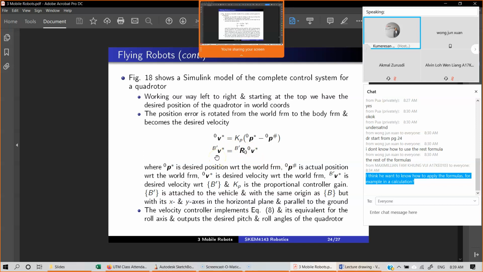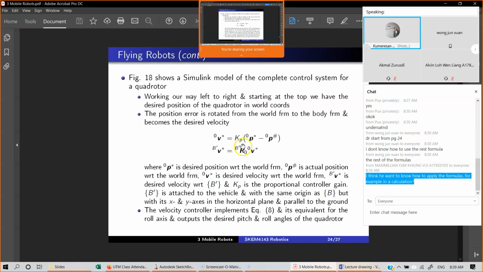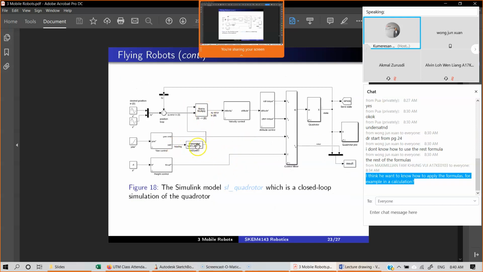So now if you want a sample calculation, because this is the controller equation, right? Then you need to know desired. If you run the simulation and investigate what is inside here, then you can have your own sample. For example, if you know the desired position, this is the actual position which is measured, the feedback, and if you know Kp, in this case Kp is 1, then you have this. For this one, you need to get it from here.